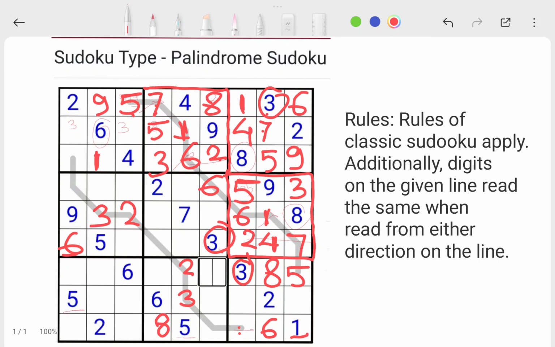4, 4. Now in this middle row only two numbers are left, that is 4 and 5. So because of this 5 we can eliminate 5 from this cell, so this is 4. Now 5. Now 1.